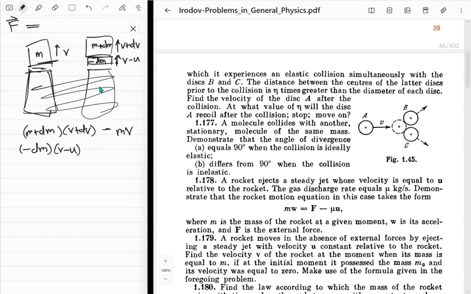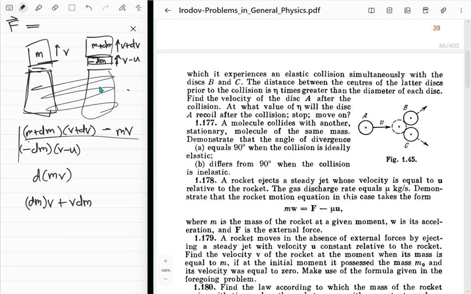This thing is the momentum in this condition, and this thing is the momentum in that condition before the time dt. This whole mass combined is just m, and this is also m. It works. Now let's see what it's going to be. First of all, you can write this whole thing as d of mv, which is really just m dv plus v dm.